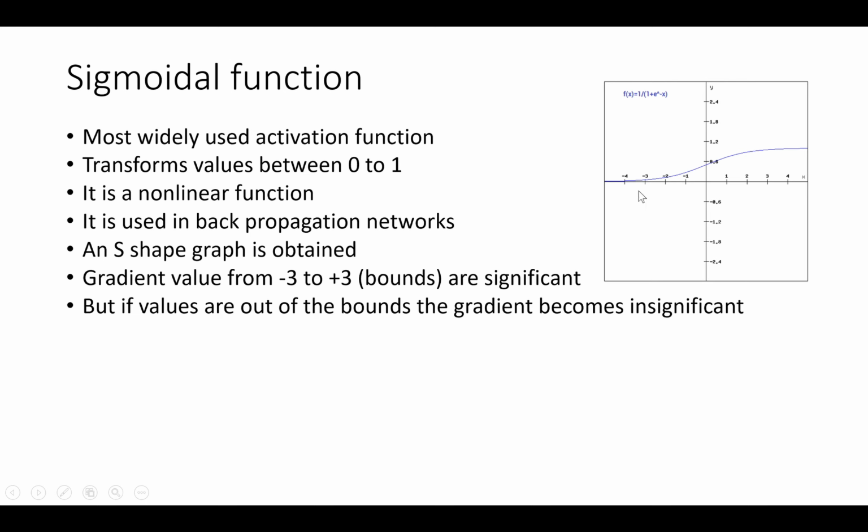If the values are beyond -3, that is -4, out of the bounds, the gradient value becomes non-significant, thereby this function does not provide any good results. Also, when we come near 0, the network starts to stop learning and thereby produces redundant information instead of a new output.